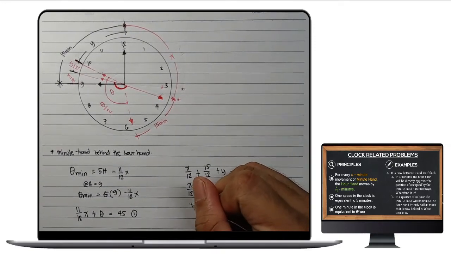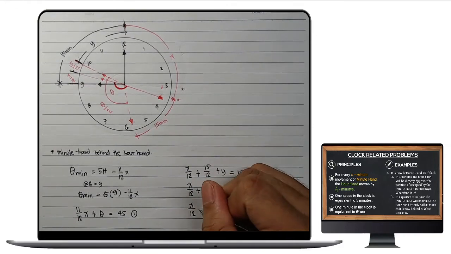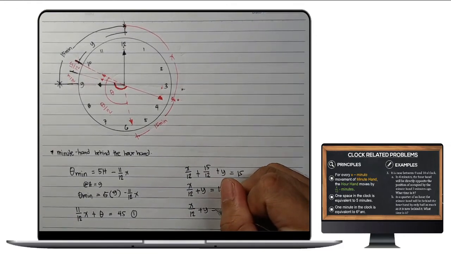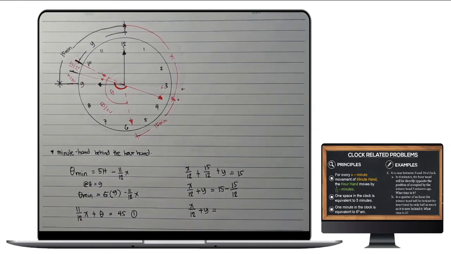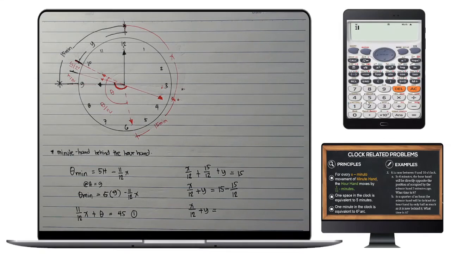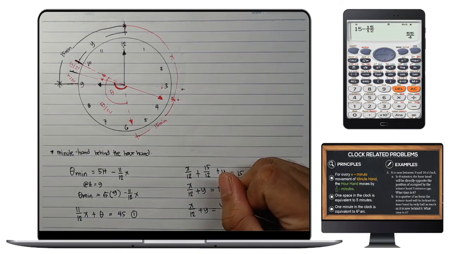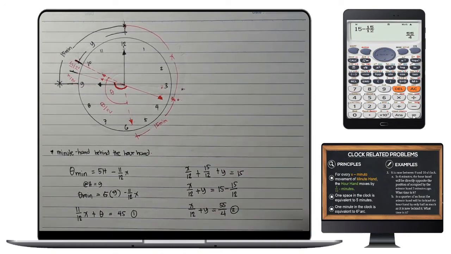So, let's have our calculator. 15 minus 15 over 12 equals 55 over 4. So that is our equation 2.